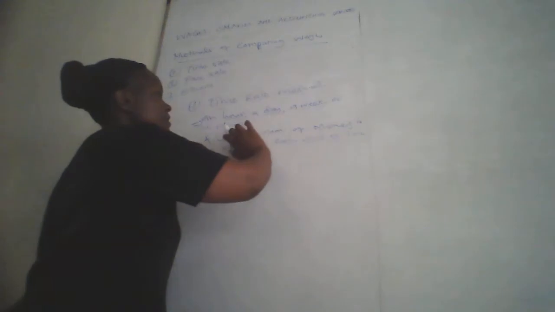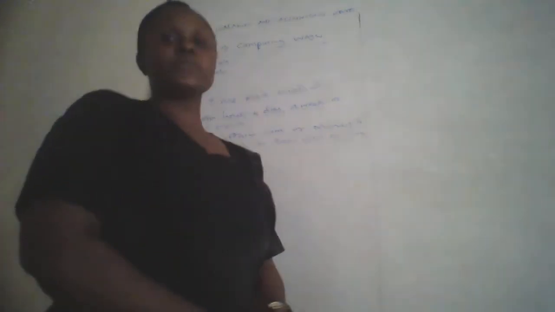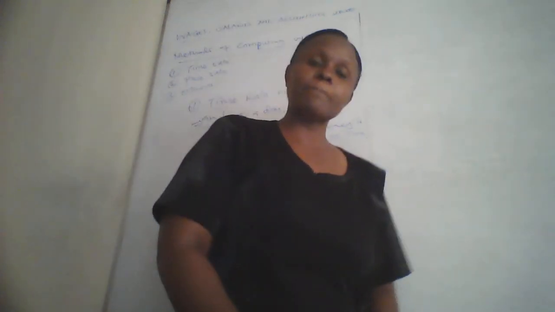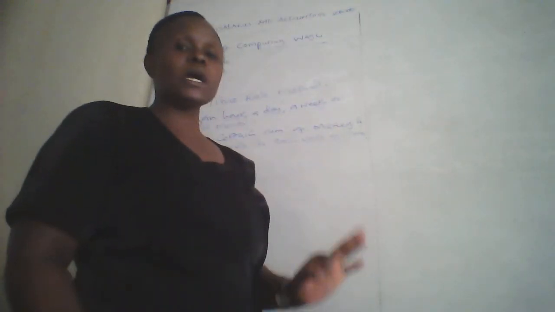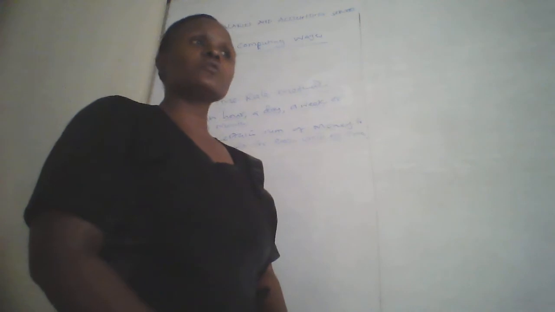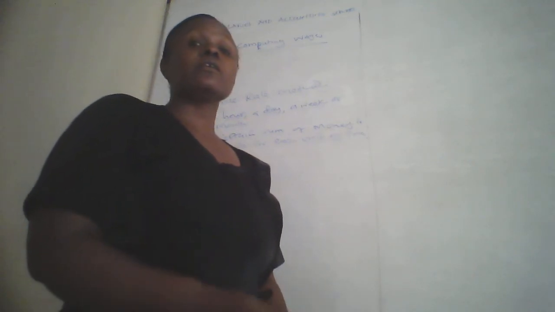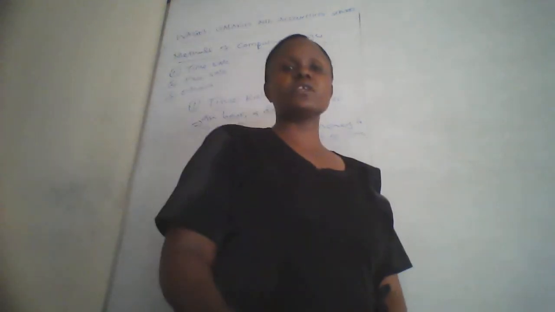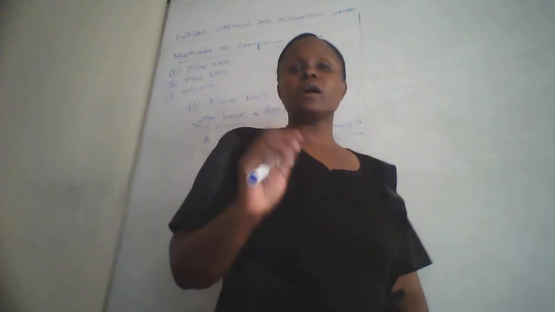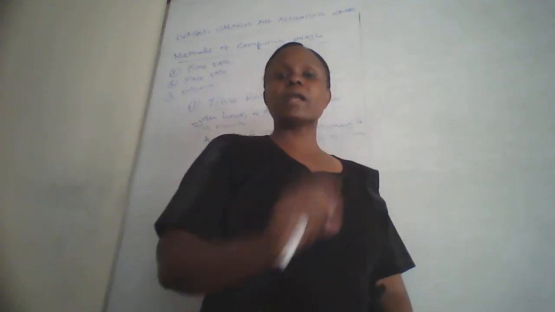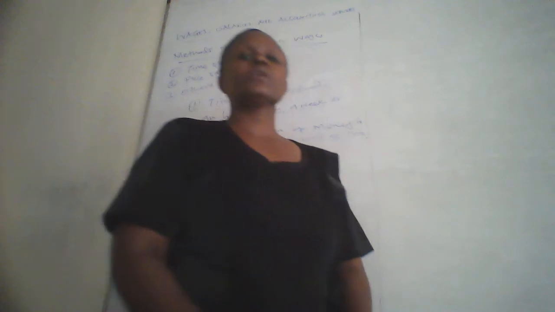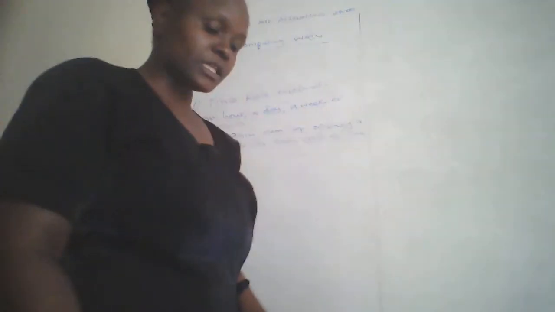When I use the word above, I mean hour, day, week, or month. So as an organization, if you are going to pay per hour, we are going to pay a particular rate. If you are going to pay per day, you plan, you budget for it. Per day we pay a certain amount of money. Per hour we pay a certain amount of money. Per week or per month we are going to pay a certain amount of money.